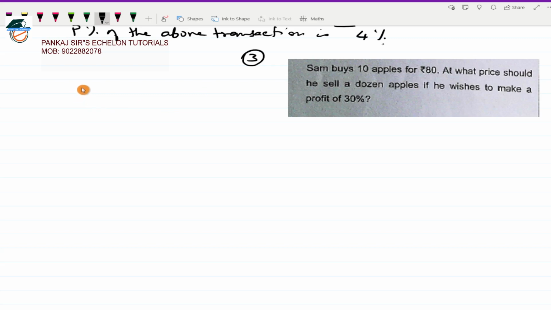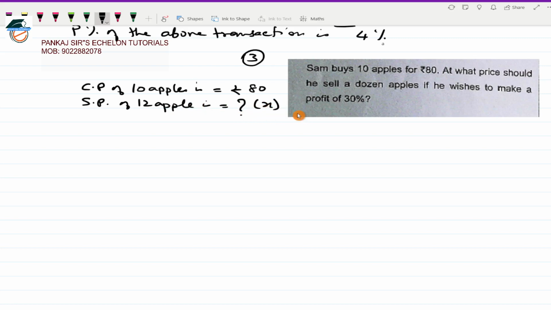Okay, so can I write cost price of 10 apples is equal to rupees 80. Okay, 10 apples. At what price should he sell a dozen apples? So selling price of 12 apples, dozen means 12, is equal to how much? That is what he has asked you.